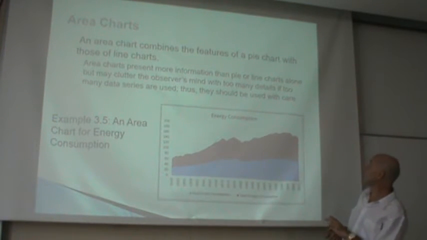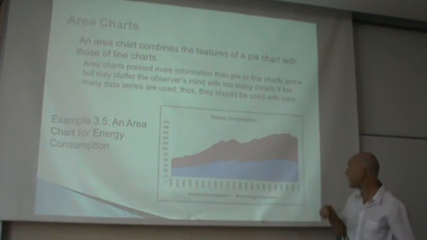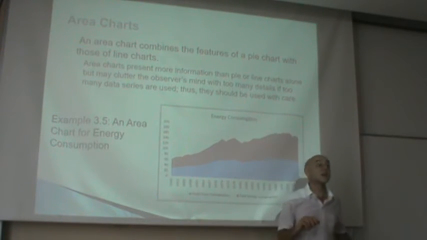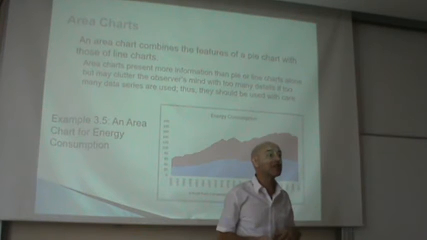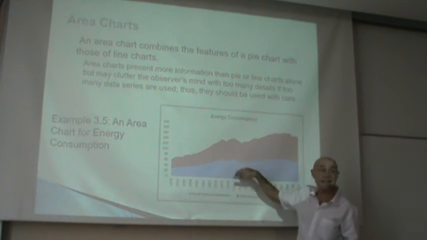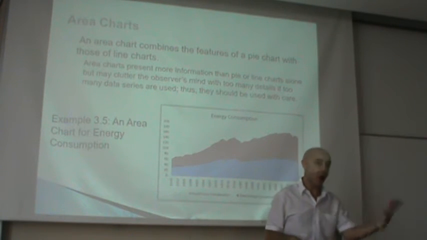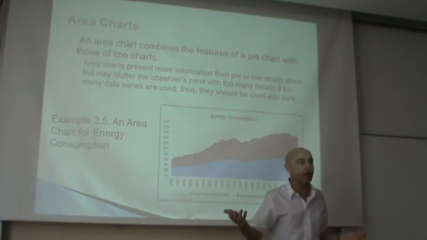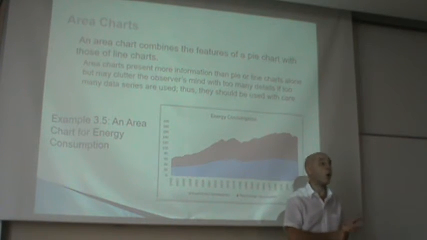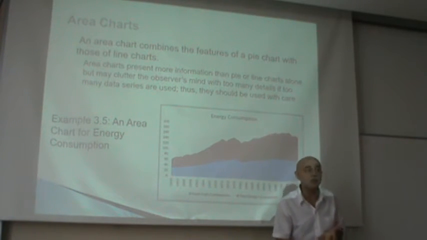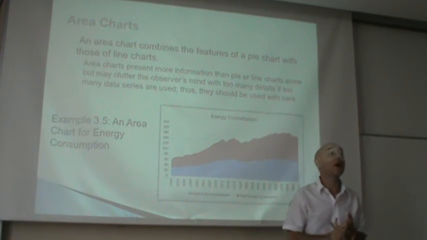Let's see what we got. We got energy consumption, and energy consumption here is separated into fossil and non-fossil. Fossil means oil, natural gas, and coal.